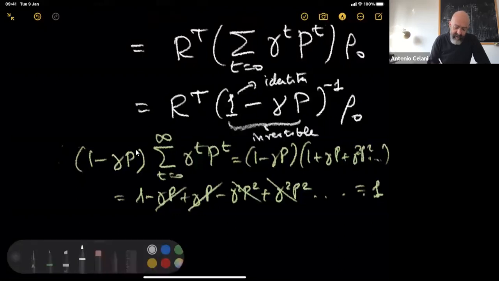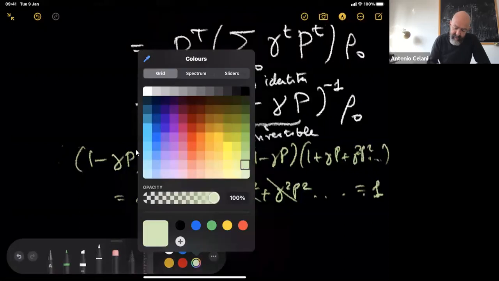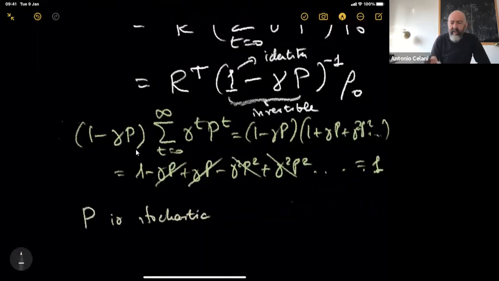Okay. And then I just quote here a result from linear algebra that says that P is stochastic. What does it mean that P is stochastic? Well, it's a matrix which describes probability transitions.